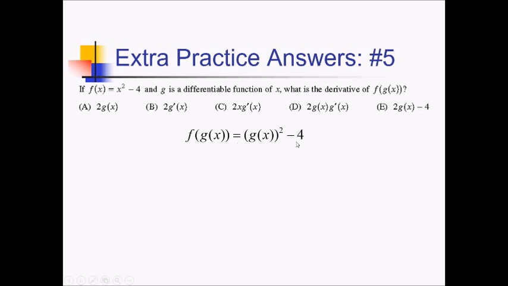And now let me just take this derivative. So that's going to be 2 times all this stuff to the first power times the derivative of this inner function of g, so times g prime of x. This minus 4 gets differentiated away because that's just 0. So now we just have 2g of x, g prime of x. And does that match an answer choice? Because I don't know where else to go with this. It does. It's D. Nice.